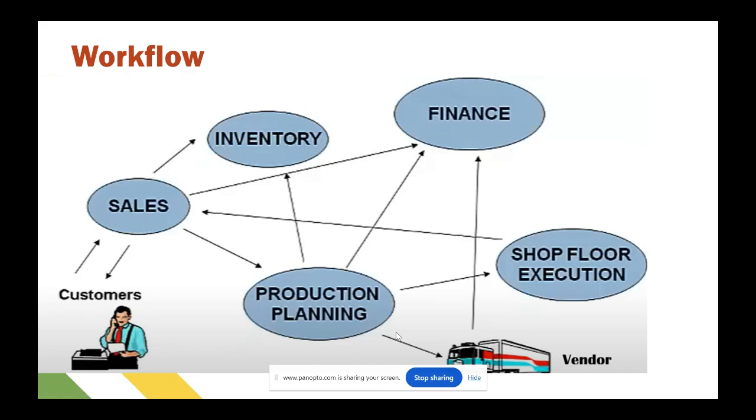Once everything is finalized and available with production planning, it gives it to shop floor execution for implementation of that particular product. Once the product is ready, it is provided to the sales. Likewise, the business flow works. Now imagine if all the departments are working individually and there is not a single software handling all the departments, then what will happen?